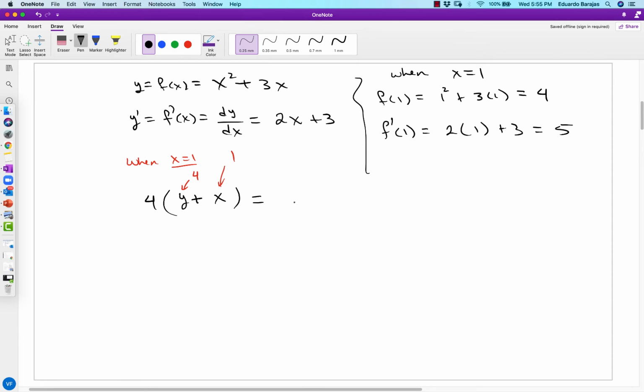And then on the other side of the equal sign, I could make it y prime, the first derivative, which would be a 5, times a y.